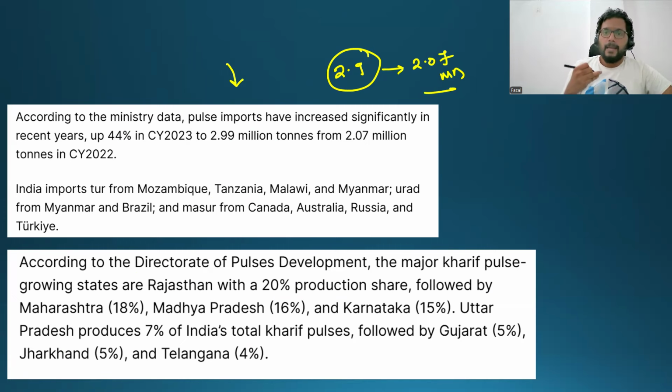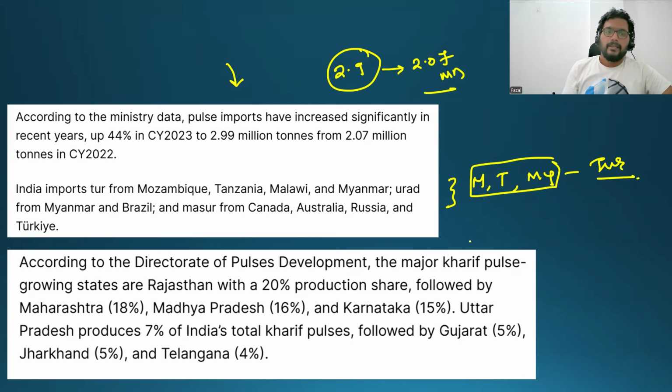That is one case. MSP has also increased to meet global prices and the input costs of farmers, encouraging them to produce more pulses. Now, where does India import from? India imports from Mozambique, Tanzania, Myanmar.